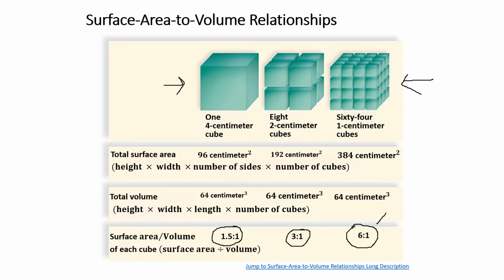And you can see that as those cubes get smaller, you have a higher surface area to volume. So this is why cells are small, so they have high surface area to volume relationship. So they can exchange toxins and nutrients with diffusion. And that would be a common theme when you get to anatomy and physiology, structures that increase the surface area.